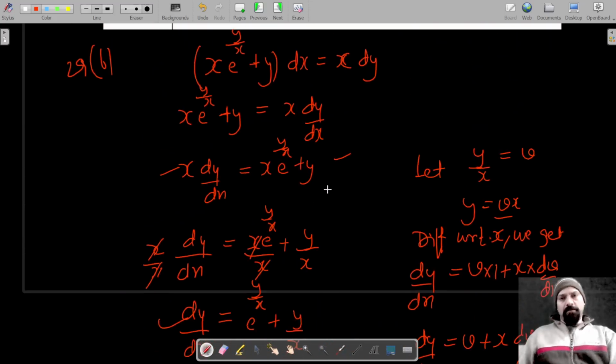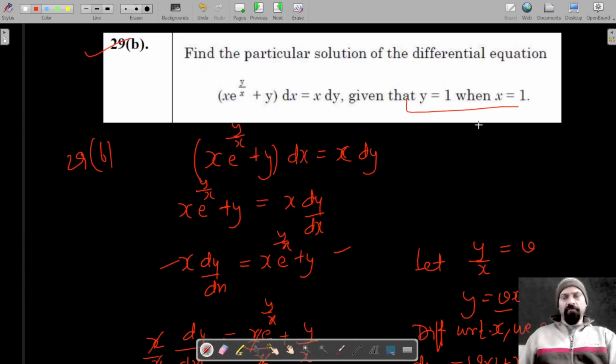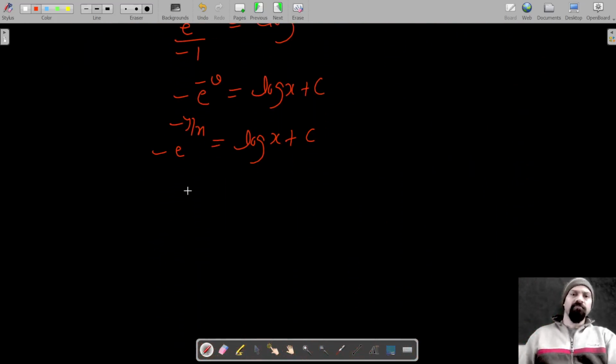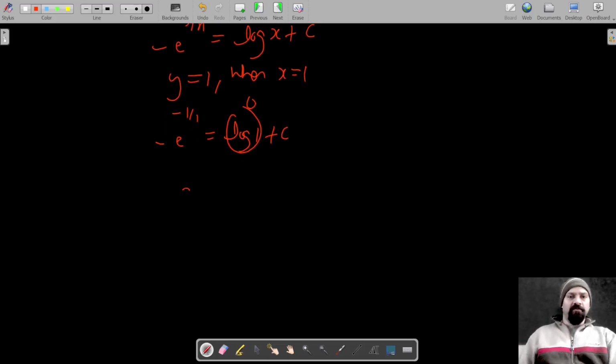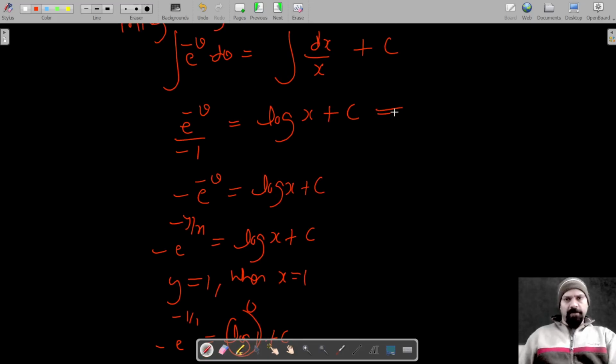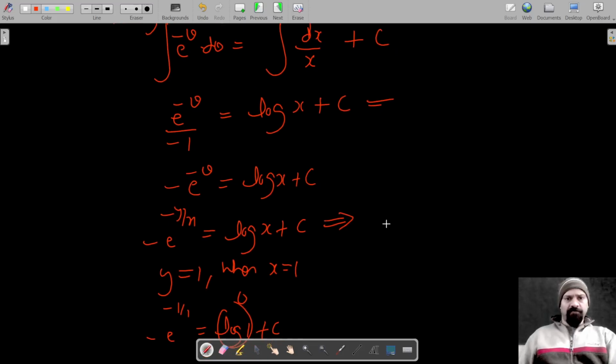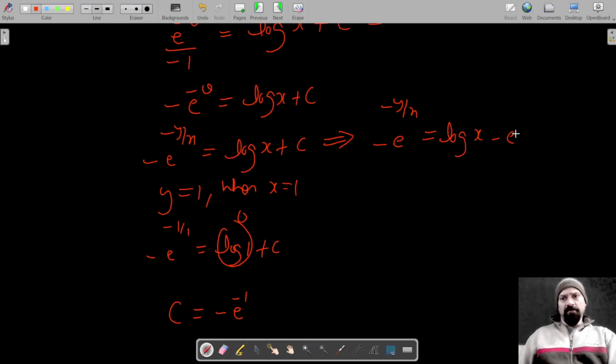Now let's get the value of c. So y is 1 when x is equal to 1 gives us negative e raised power negative 1 by 1 is equal to log 1 plus c, where log 1 is 0. So c is equal to negative e raised power negative 1. Which gives us negative e raised power negative y by x is equal to log x minus e raised power negative 1.